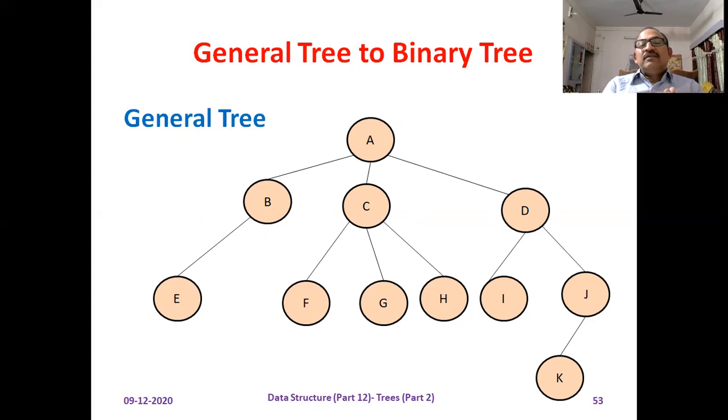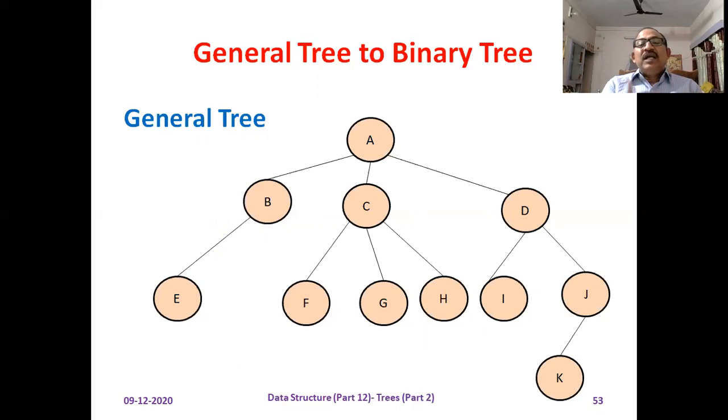Why are C and D siblings? Sibling nodes are those nodes that belong to the same level. You can see B, C, D belong to the same level. Next condition, they also have the same parent.